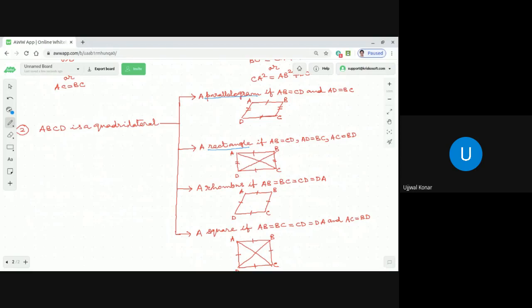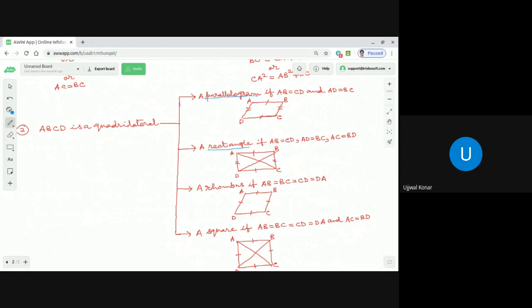Correct? So that is not always true for a parallelogram. And if it is true, that is, along with the opposite sides being equal, the diagonals are equal to each other, we qualify that parallelogram as a rectangle. A rectangle is always a parallelogram. We can define this rectangle as a parallelogram also.